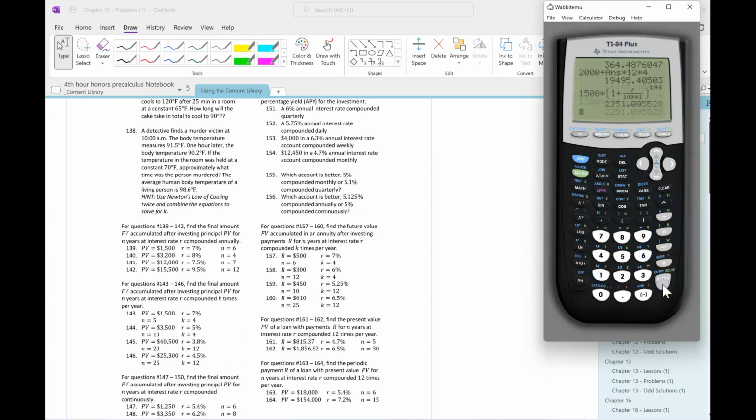Isn't this the one where you use FV equals PV times 1 plus RN over 100? This is what I got when I typed it in. It's 7 times 6. Yeah, I'm using the different form. I'm using FV equals PV times 1 plus RN over 100. That's what I did. But if I do that, I get a different answer.